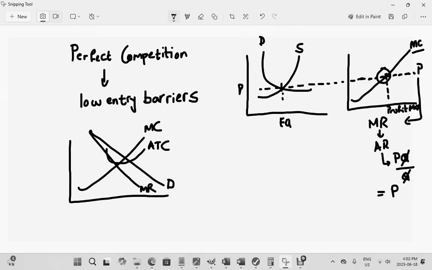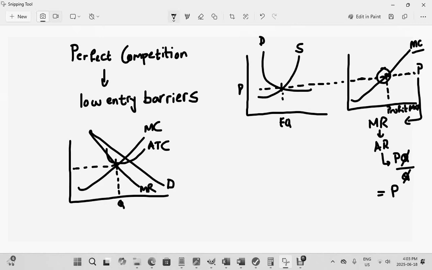Right where marginal revenue and marginal cost meet, this will again be your profit maximization point. This will be your quantity for your profit maximization point.